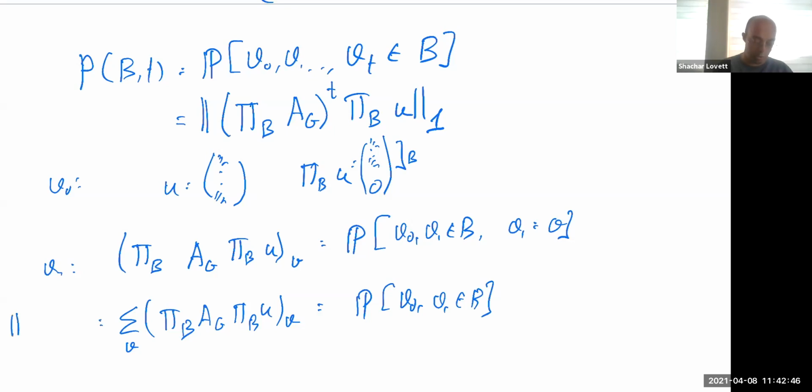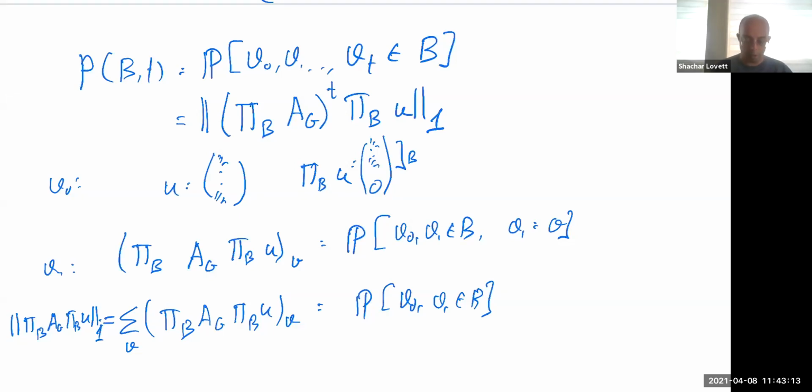Because this is just the vector of probability, just π_B A_G π_B U in L1. You see, for t equal to 1, we exactly get this quantity, π_B A_G π_B U in L1, is equal to the sum of all nodes V of this vector at coordinate V, which is exactly the probability they start at B.